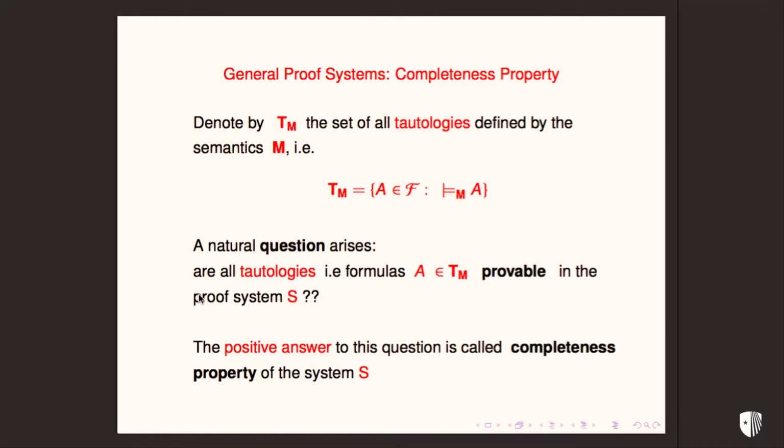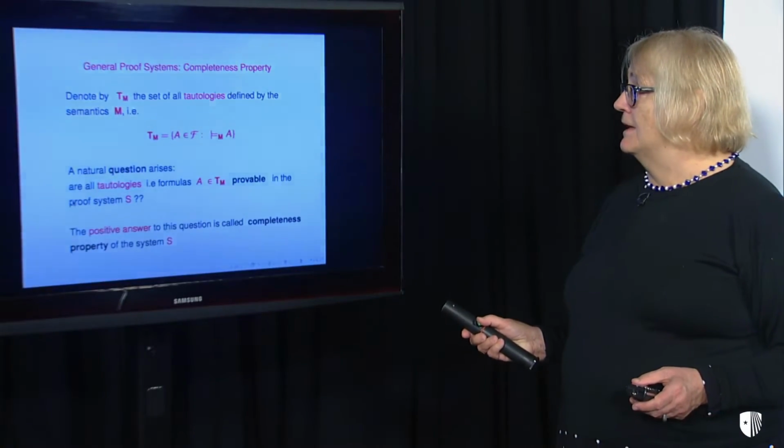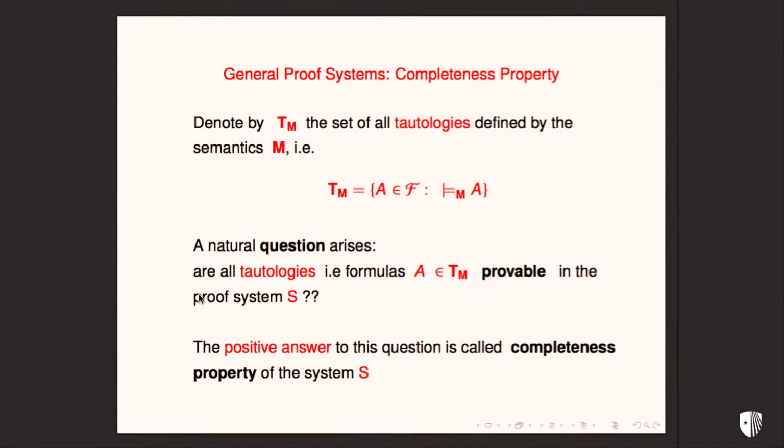Now, we have certain notations because we built a formal framework. We denote by TM the set of tautologies defined by semantics M. That's how we did it in the previous chapter.